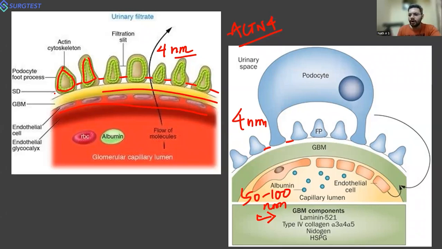Actin cytoskeleton problem. Slit diaphragm proteins problem. We discussed nephrin and podocin. So many areas where you can have issues, and mainly all the issues are in the podocyte. That's the other thing I wanted you to remember. Whenever you have nephrotic syndrome, when you have more than 3.5 grams of proteinuria leaking, more often than not, you have some problem with the podocyte itself, either a primary process or a secondary process.